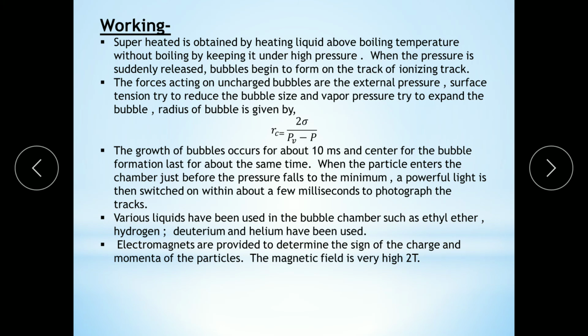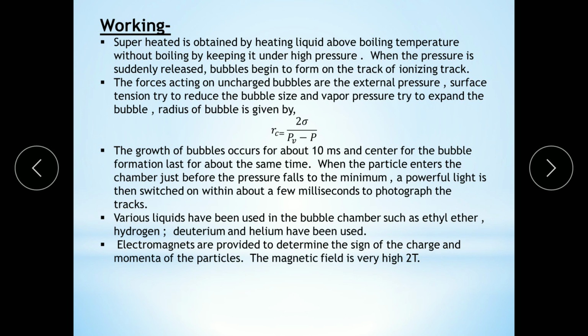The forces acting on uncharged bubbles are external pressure and surface tension, which try to reduce the bubble size, and vapor pressure, which tries to expand the bubble. It means that when the pressure is released and the bubbles are formed, the bubbles experience three types of forces.